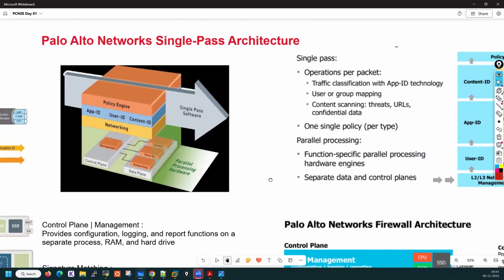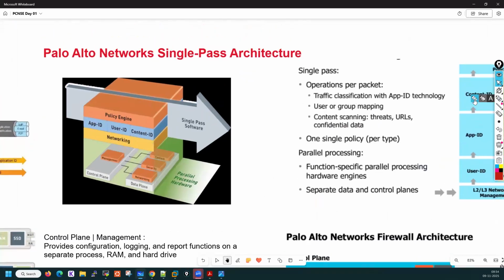Okay. So what do you mean by the SP3? SP3 basically is a combination of two things.